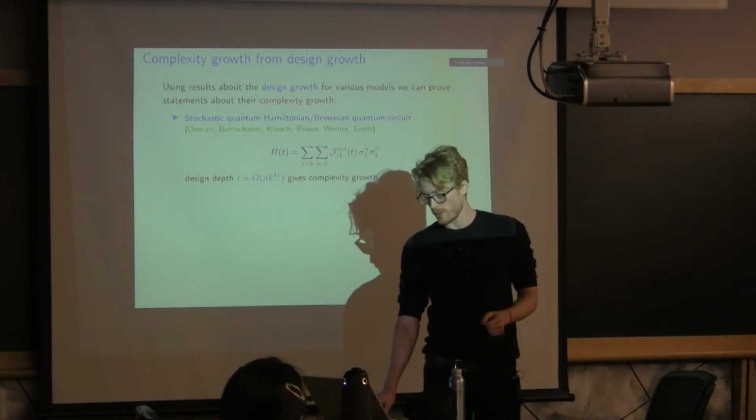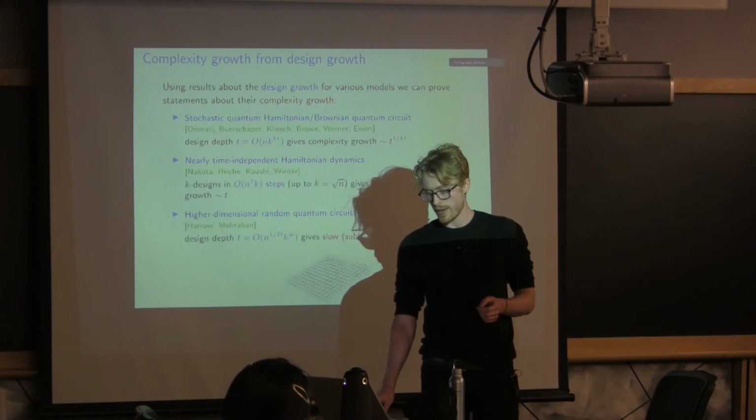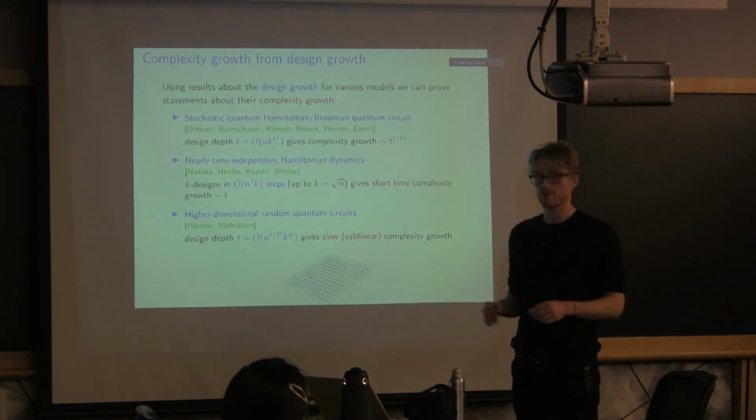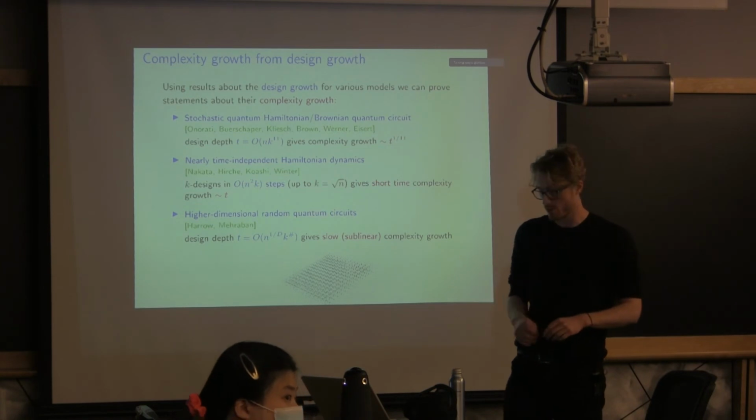So that gives you some bound on the complexity growth. There's also a nearly time-independent model, which is also known to form designs. And I should probably update this, but it's also known that very general random quantum circuits with very general gate sets and on any sort of lattice also form designs.